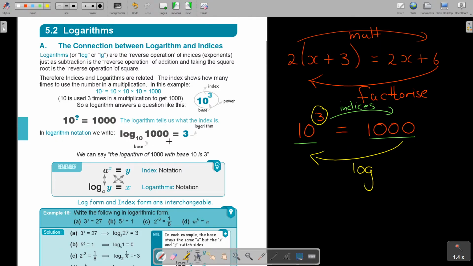It's very important that you can write from index form to log form. And how do I do that? I keep the base. So I write log and I keep the base. The base is 10, I just move it down. And then I'm just taking this 3 and I just swap it. So I say log 1,000.